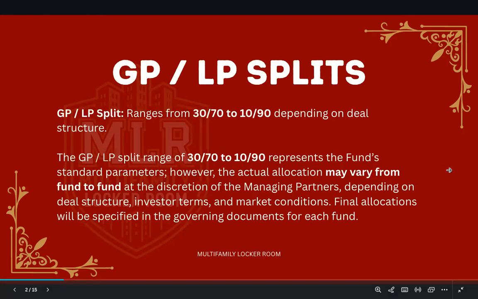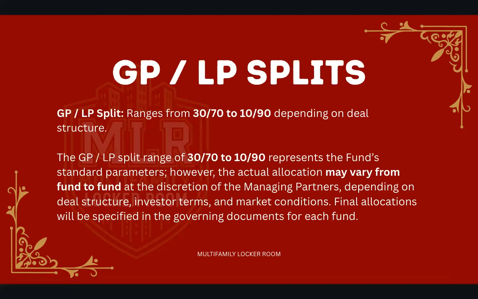First, let's start off with understanding the GPLP splits that range from a 30/70 split to a 10/90 split, depending on the deal structure. Now, the split range of 30/70 to 10/90 represents the fund's standard parameters. However, the actual allocation may vary from fund to fund, and I'll explain that as we get through, at the discretion of the managing partners.